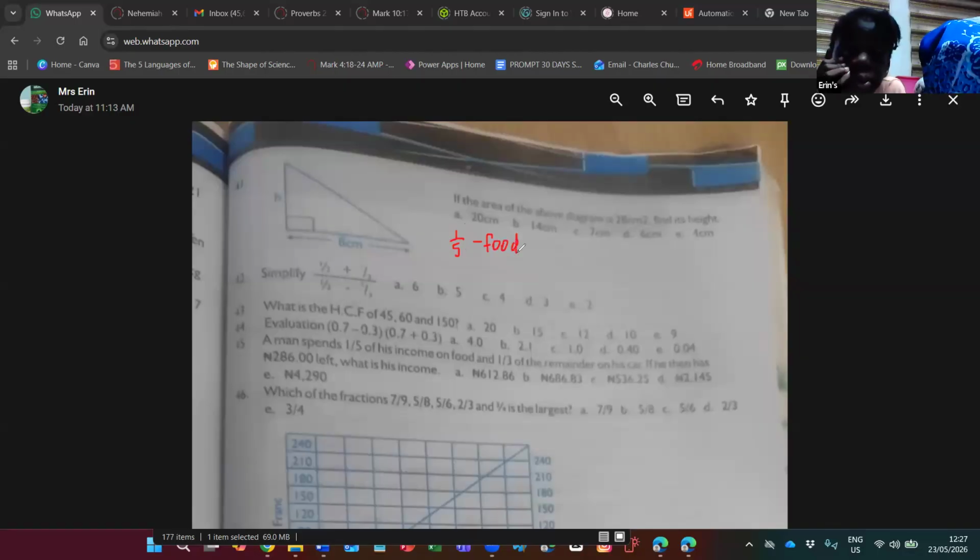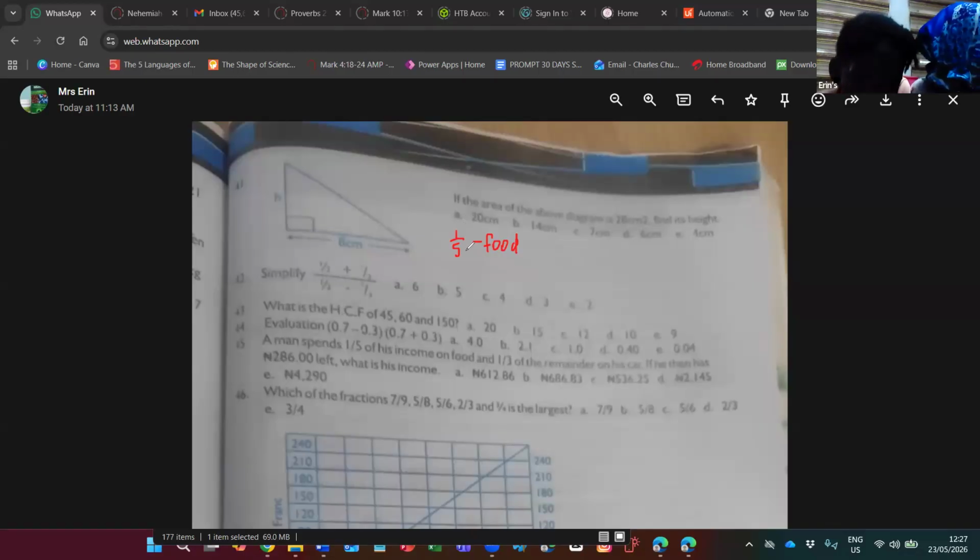Yes, sir. Faith, can you see my screen? You're not looking at the screen, Faith. Yes, sir. Now, 1/3 of the remainder. Now, the question is this: what is the remainder after you have removed 1/5 on food?